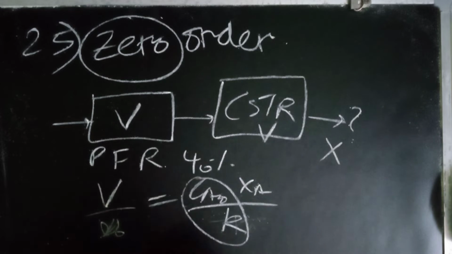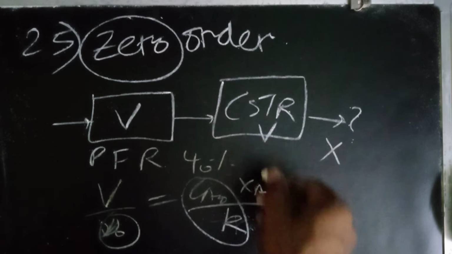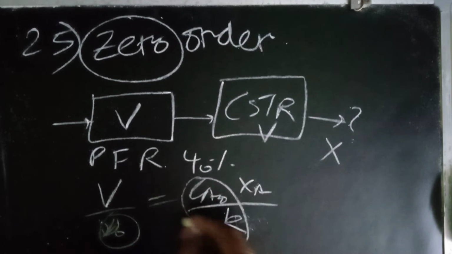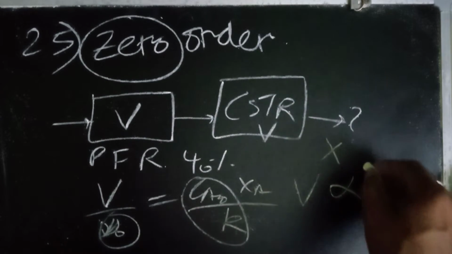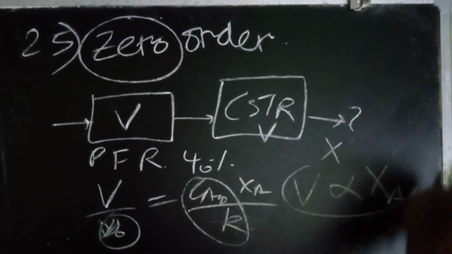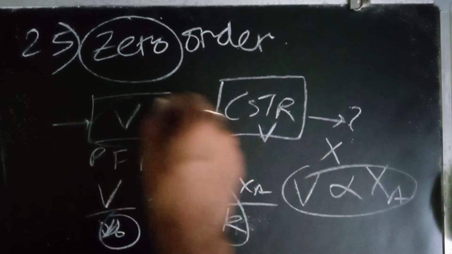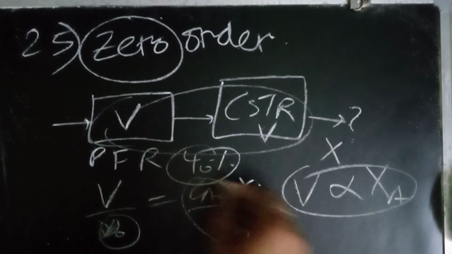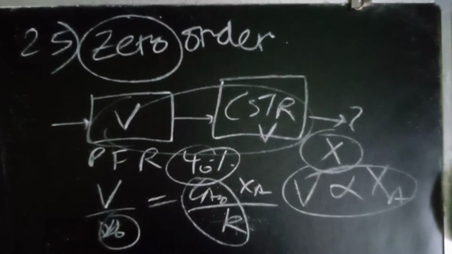So this is constant, this is for CSTR, but if you do it for PFR also, the V depends on only XA. So if volume is doubled, the conversion will be doubled, it will be 80%. And that was the right option. Now another question. The next question would be 26. A lot of questions.